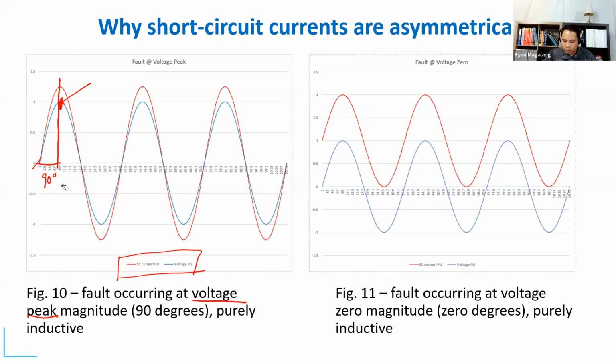While here on the right graph, the fault occurred at the voltage zero crossing, zero magnitude here. The fault strikes here.